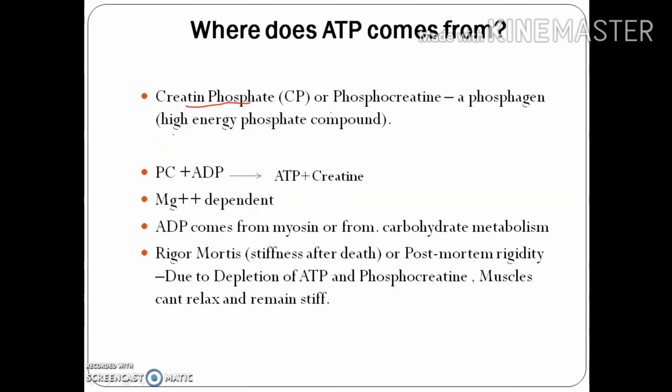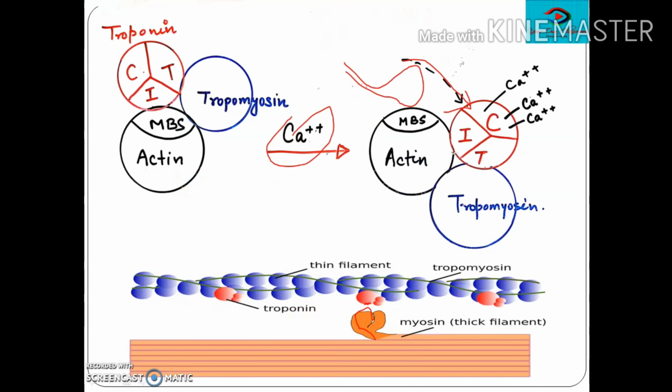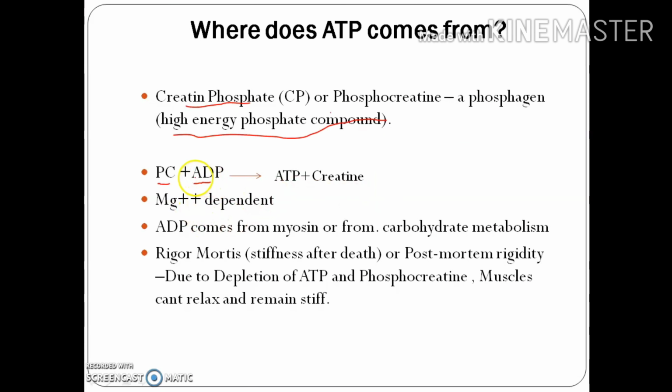Phosphagens are high energy phosphate compounds. What happens is, when ADP comes from any source, either from the place where it was released or from carbohydrate metabolism, phosphocreatine donates its phosphate to ADP to form ATP and creatine is dissociated. Now this is a magnesium dependent process.